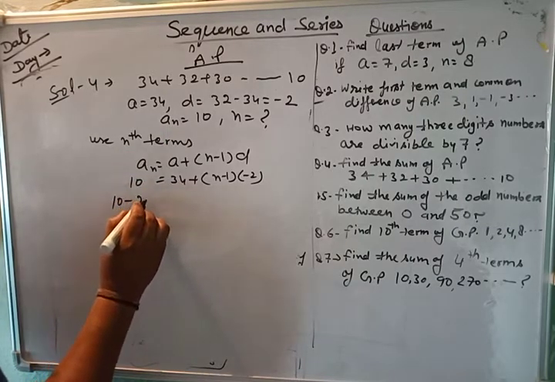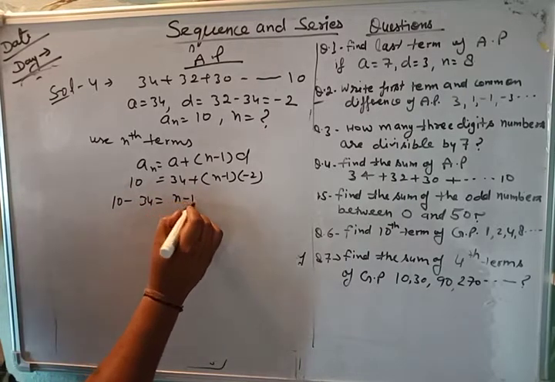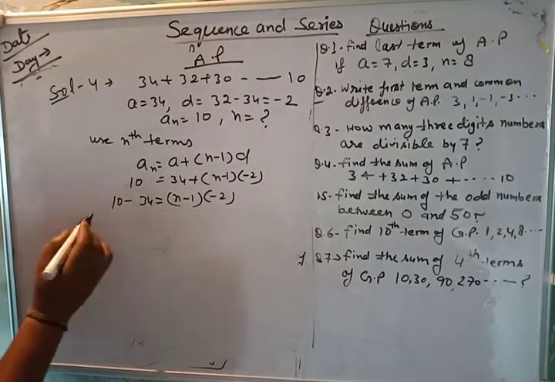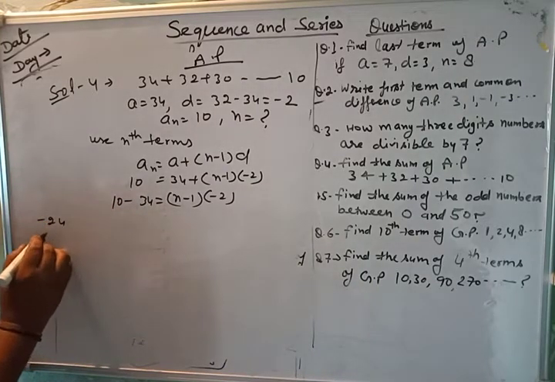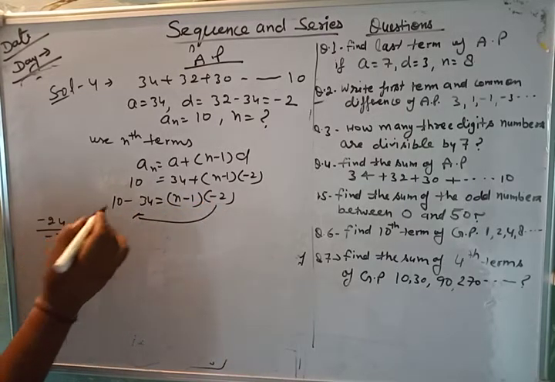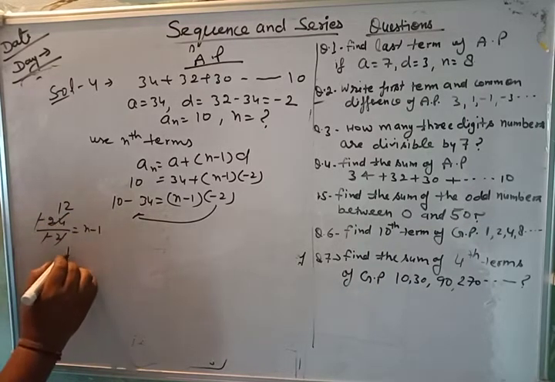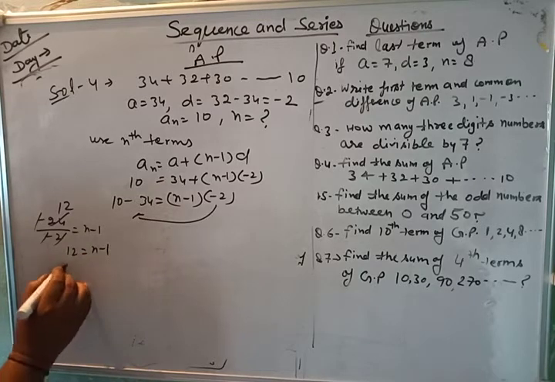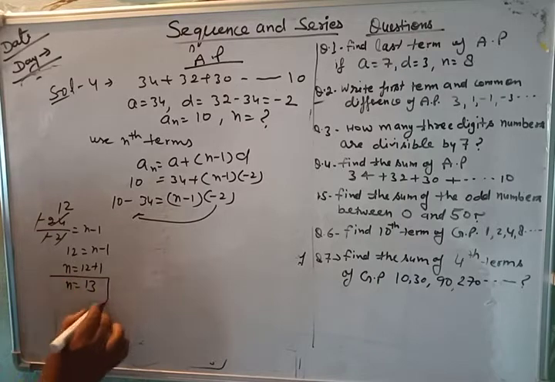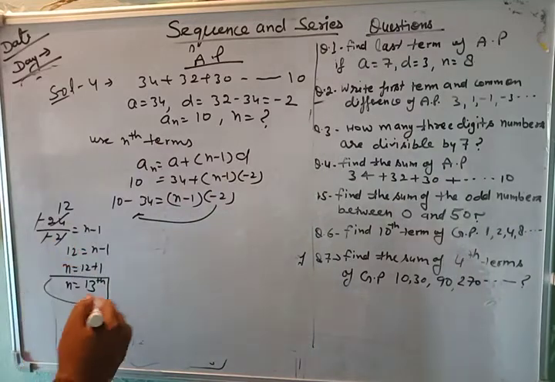Transpose the number 34, sign will be changed, so 10 minus 34 equal to n minus 1 into minus 2, that is minus 24. By transpose of minus 2 equal to n minus 1, minus cancels, 12. So 12 equal to n minus 1. So then n equal to 12 plus 1, n equal to 13 terms. It means total terms in between are 13.